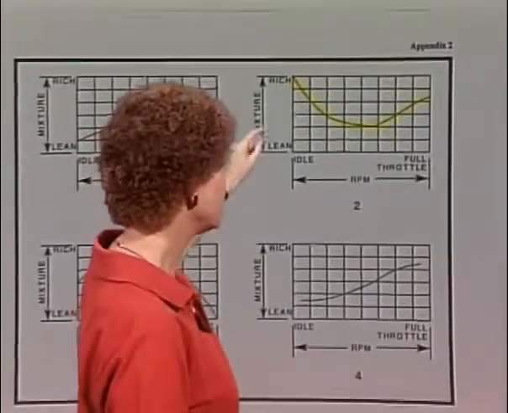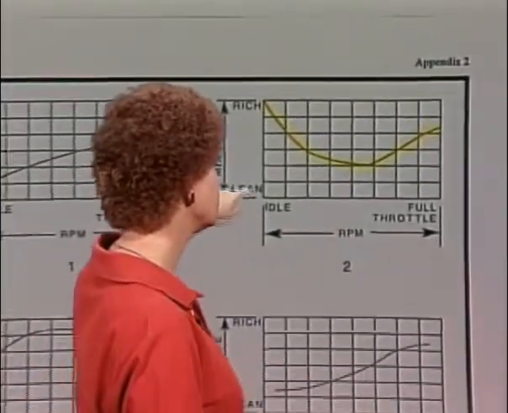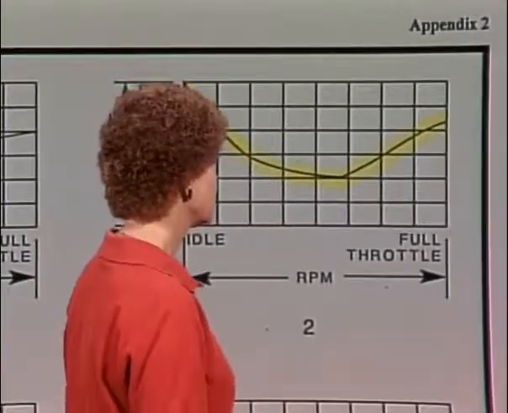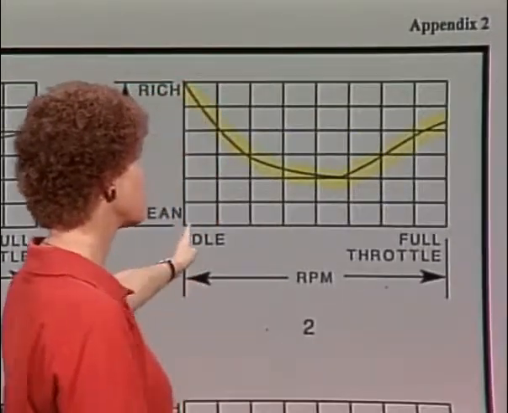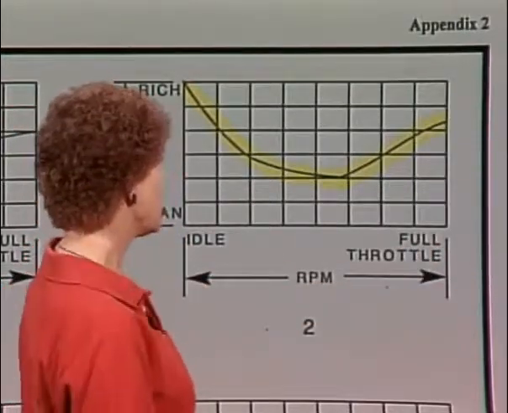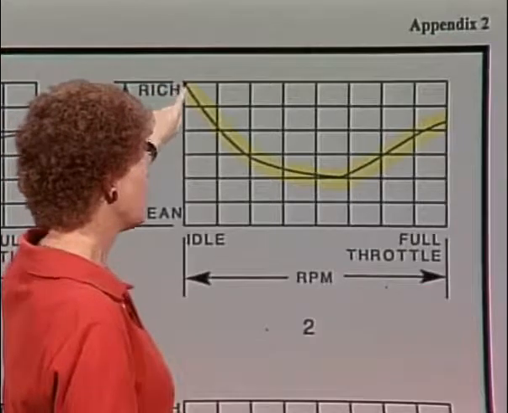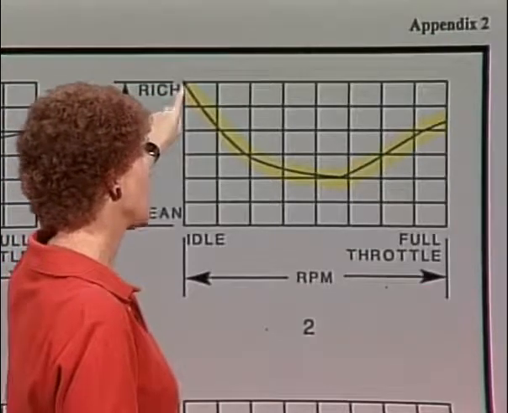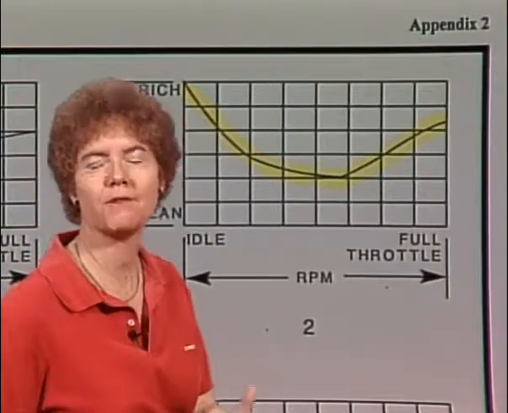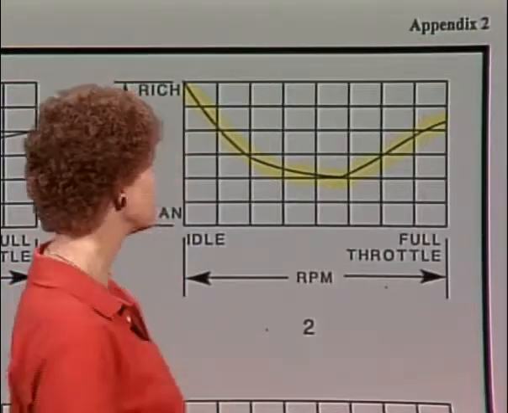Now when you take a look at that graph, on the left side we've got the mixture, lean at the bottom and rich up at the top. Across the bottom we've got the power setting, the RPM from idle on the left to full throttle over on the right. And when you take a look at the curve, when the RPM is basically at idle, you have a very rich mixture setting because part of that fuel is being used for engine cooling.